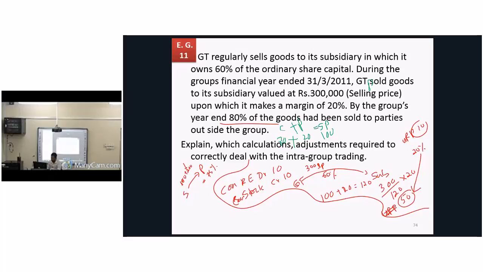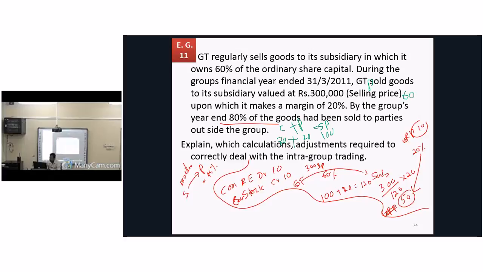So 300 divided by 100 into 20, then your total profit inside this will be 60.